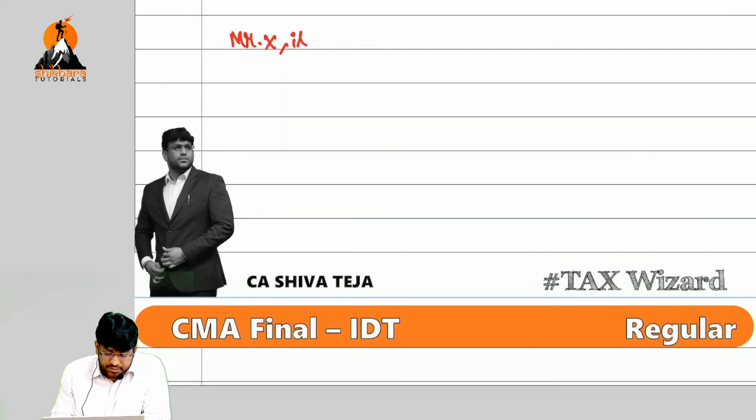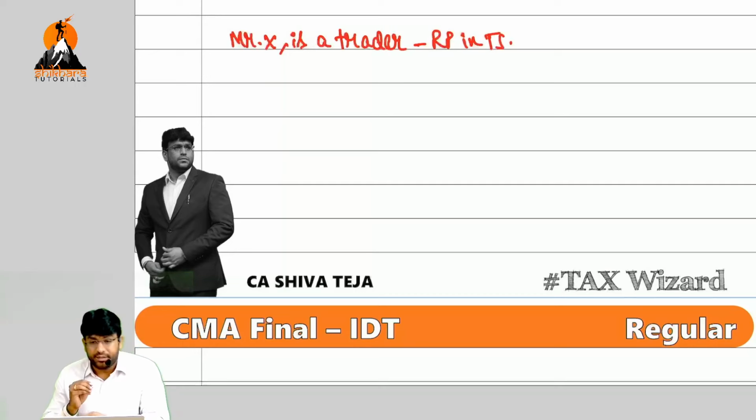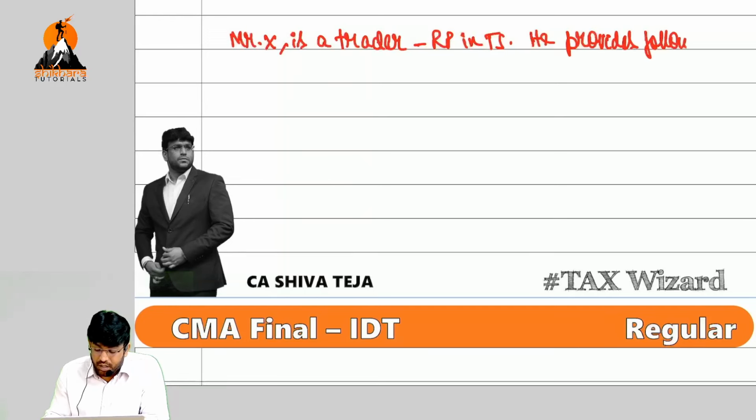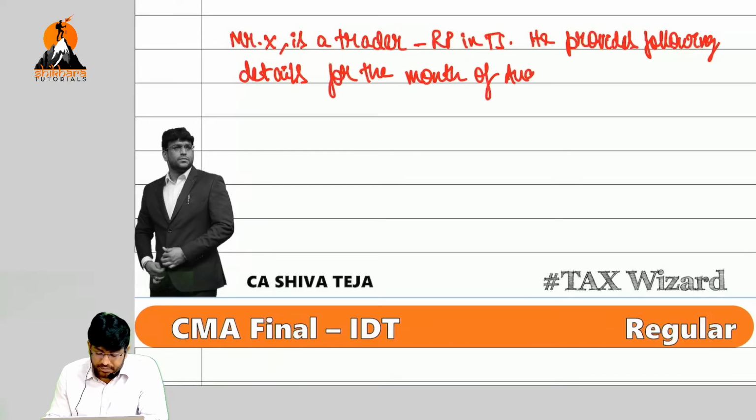Mr. X is a trader who is a registered person in Telangana state. He provides following details for the month of August 2025.